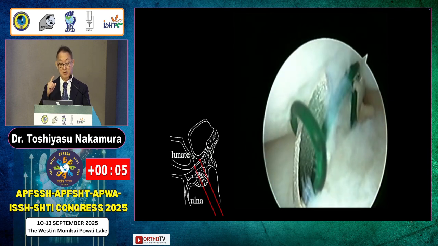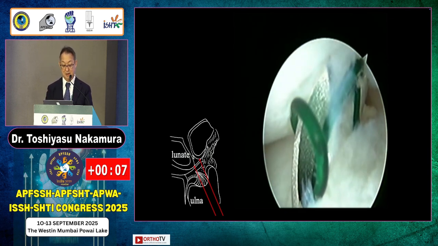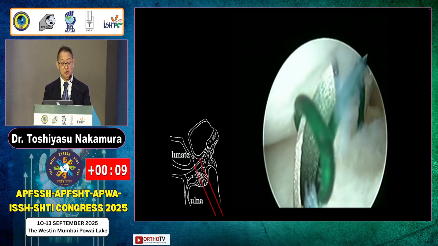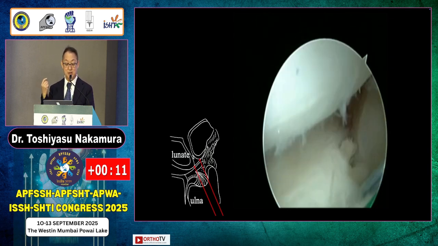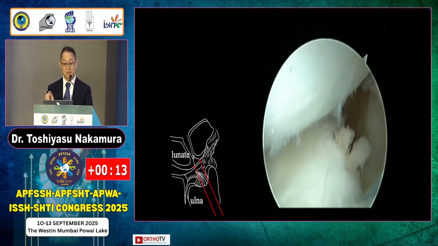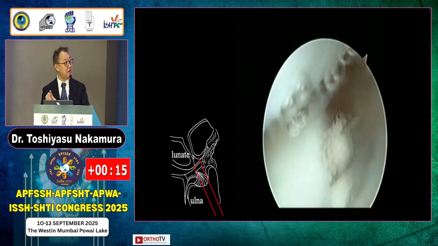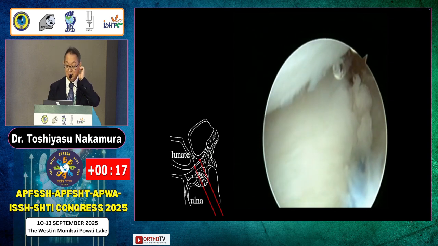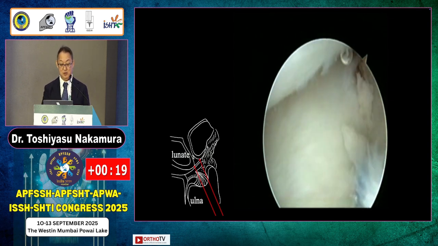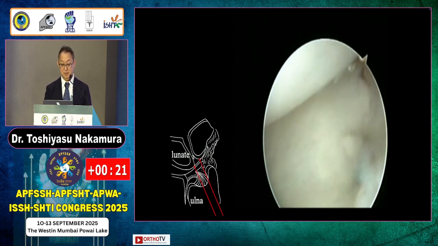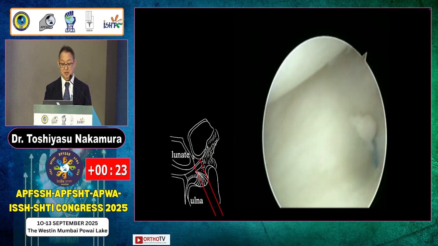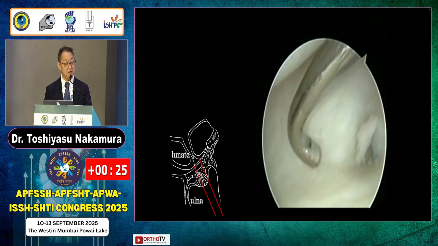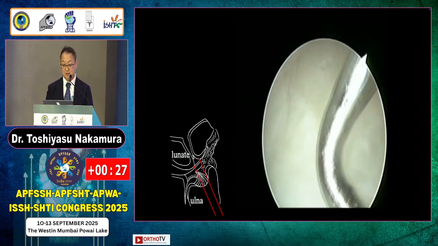Then I make loops inside. Once the loops come out, you can just tie down onto the anchoring of the foveal region with the suture stitches. After repair, the DRUJ stability will be retained.